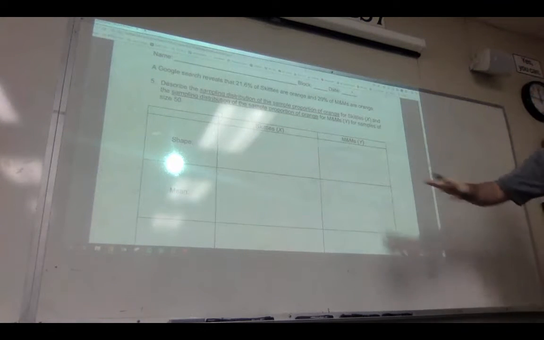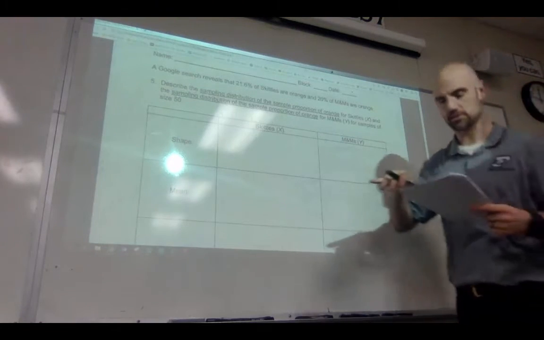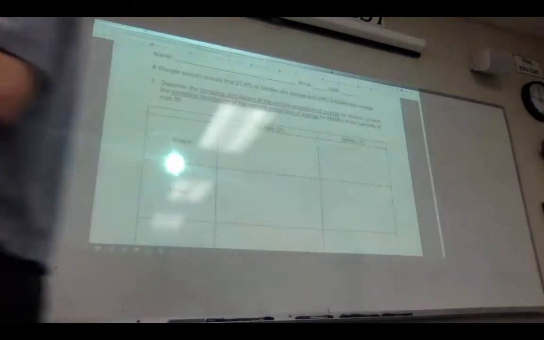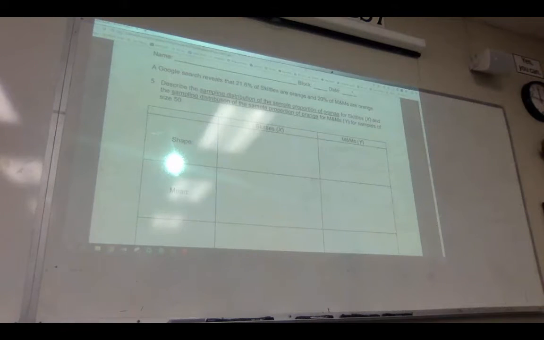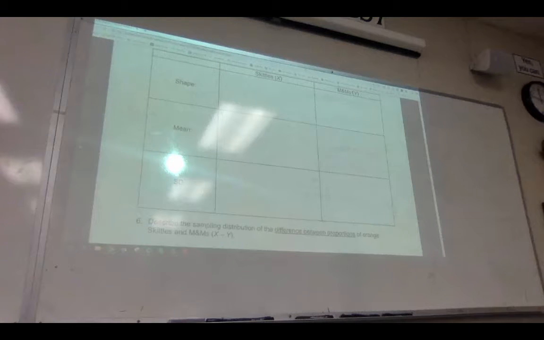So here's what we're going to do. This is a chart laid out here. What is the shape of a distribution of Skittles going to look like? What is the shape of the M&Ms going to look like? What's the mean of Skittles? The mean of M&Ms. What's the standard deviation of Skittles? The standard deviation of M&Ms. So I want to talk about what we're going to do, and then I'm going to cut you loose to do it.